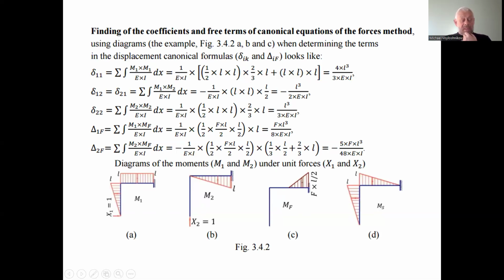So this is the result. What is the displacement in the direction of application of the first force? The first force is a unit force. If the unit force is equal, we can find the factor for the canonical equation.